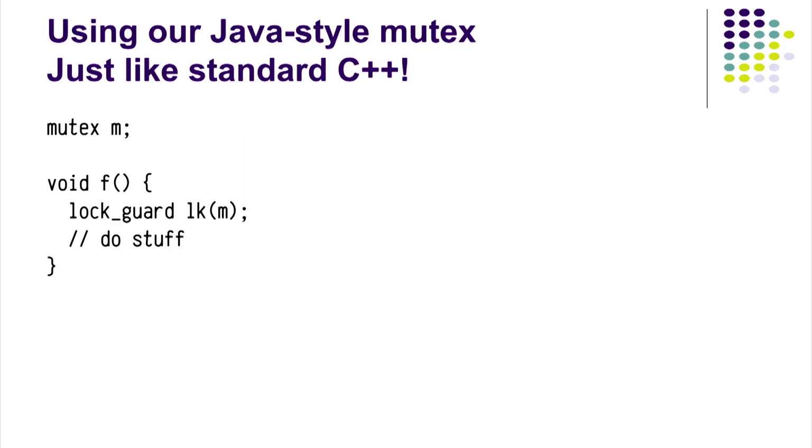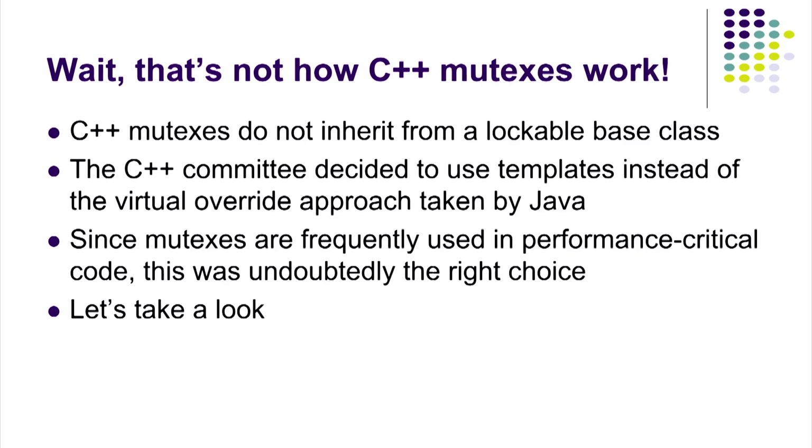And how would you use this code? Well, you'd write something like this. You have a function. When you enter the critical section, you get a lock guard on it. You do stuff, and when you leave the function, the lock's released. You're out of the critical section. This is exactly how C++ code looks. So is that how we did locks in C++? No, we did not, right?